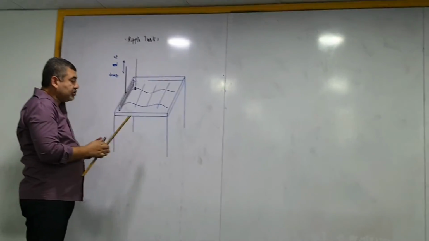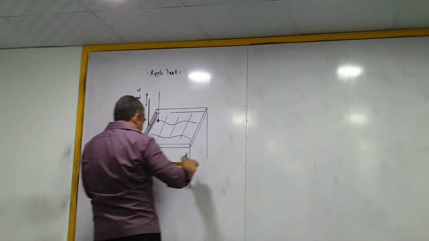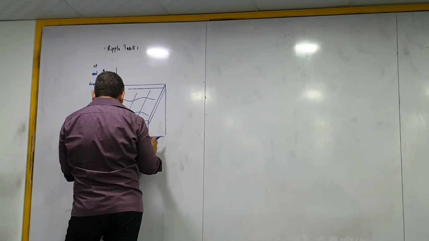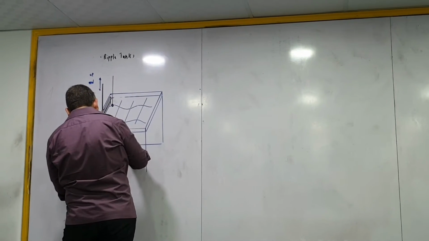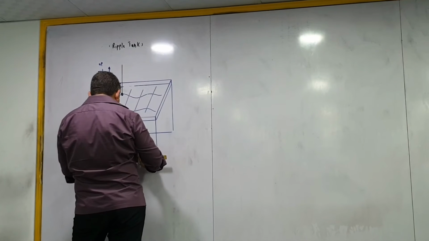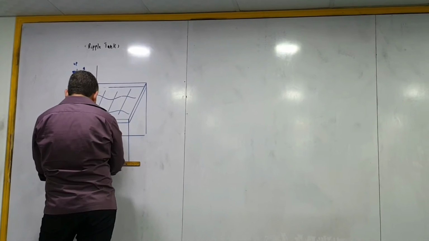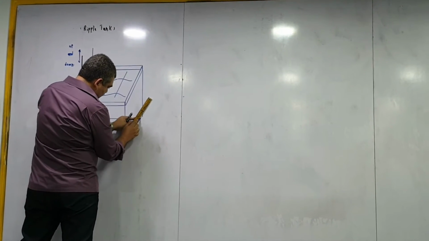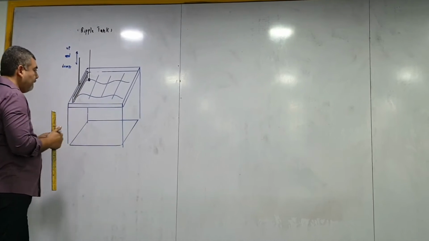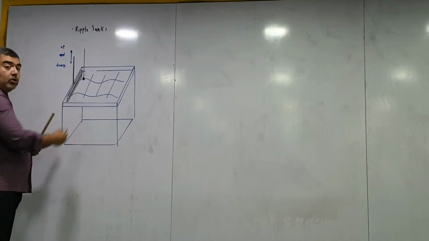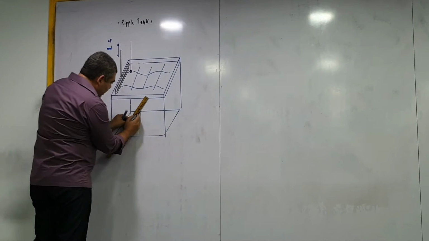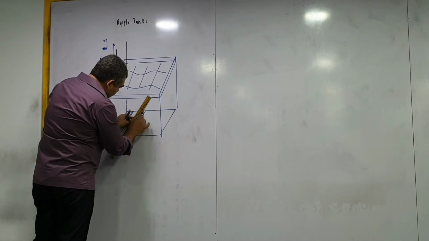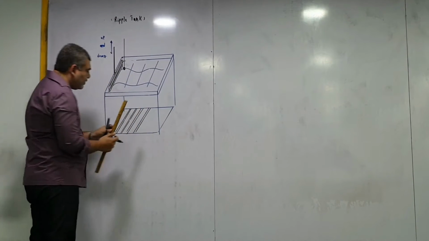Beneath this glass tray, a paper sheet is placed so that the image of wave produced in this shallow glass tray, image is obtained here. So you get number of like this shaded lines. These shaded lines show how actually waves are produced.